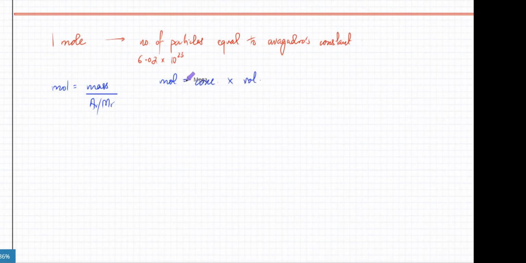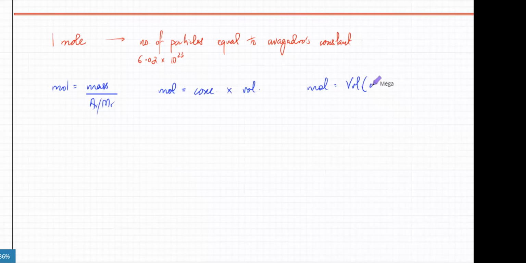Let's write down the formulas first. Then you have moles is the volume of gas, and this is specifically for gases. That's going to be divided by the molar volume, 24 dm cube.